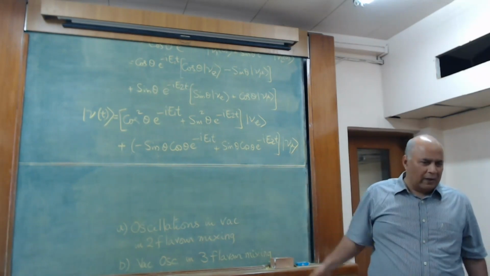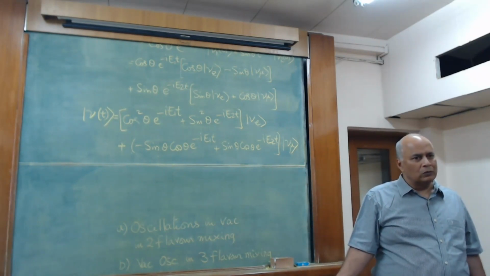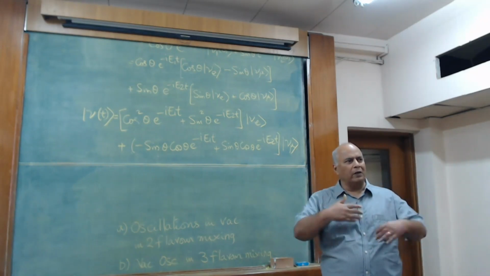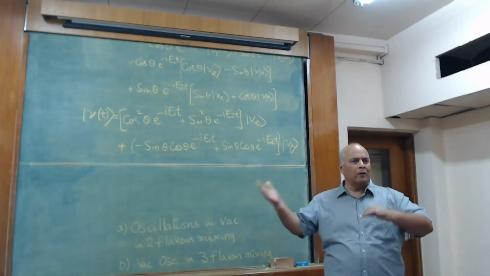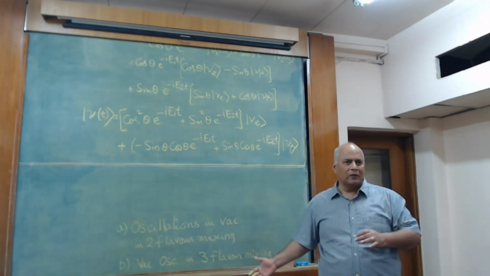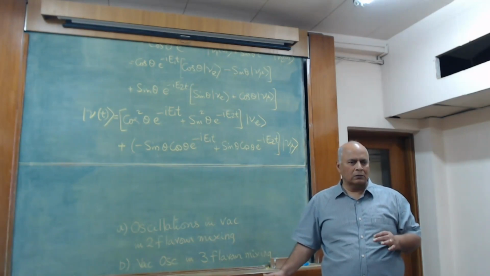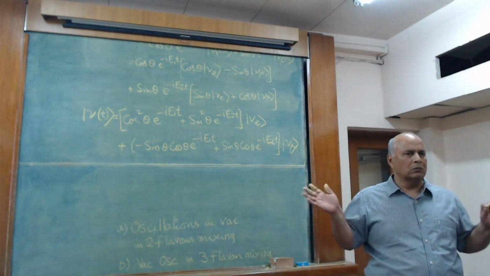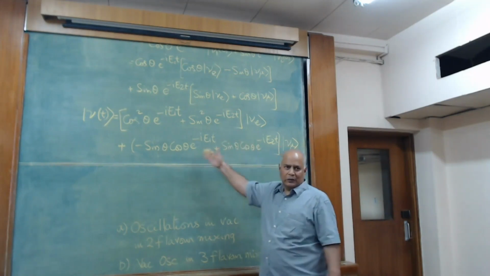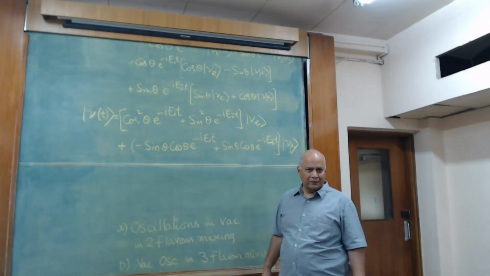But if I put M1 equal to M2, then there is a single mass, and in principle I have E square minus P square equal to M square. I'll have E1 equal to E2, and this one will vanish.